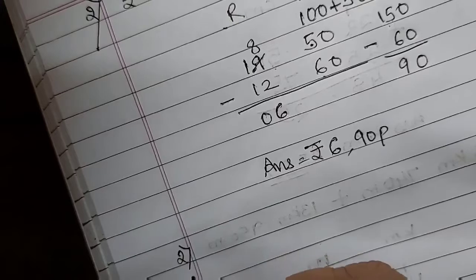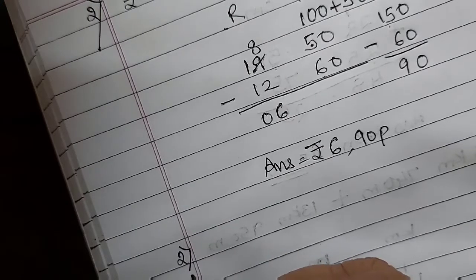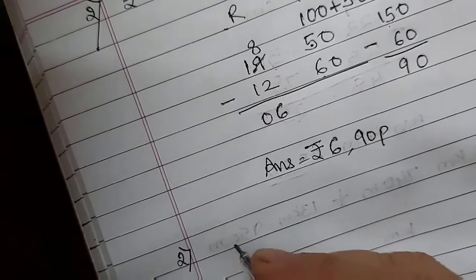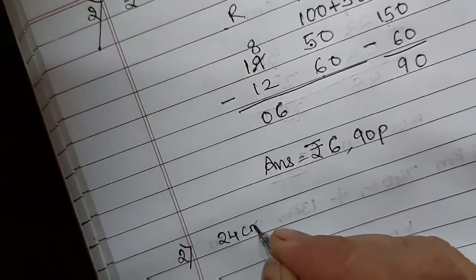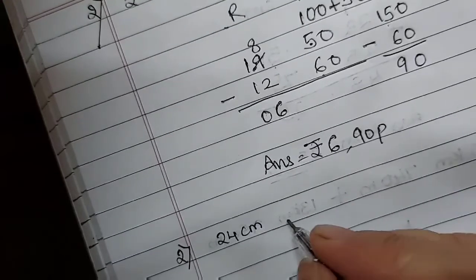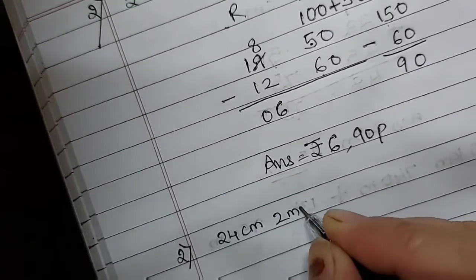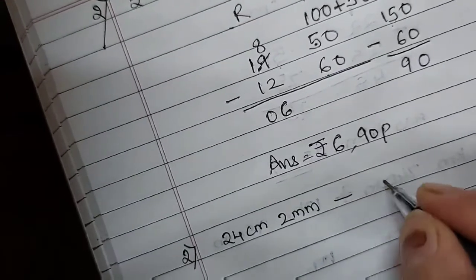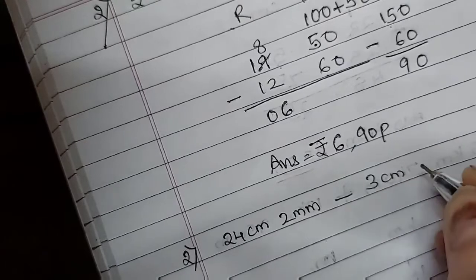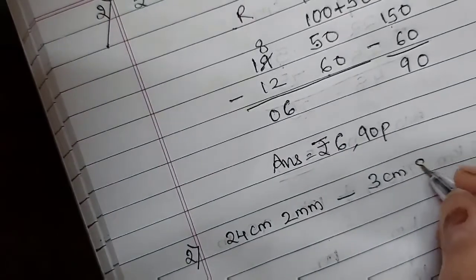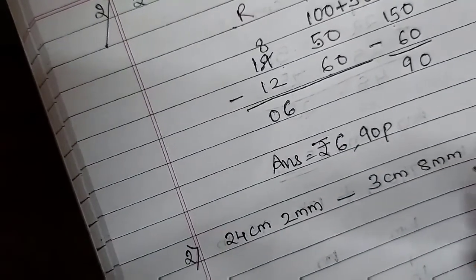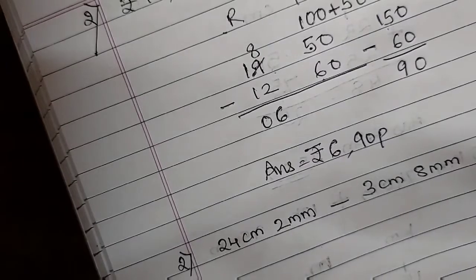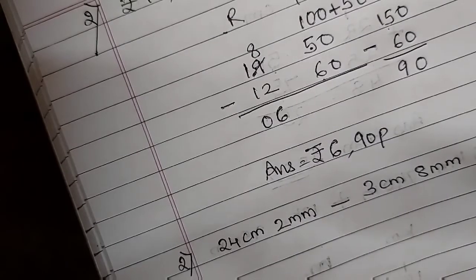Coming to the second question. Now your second question is 24 centimeters 2 millimeters minus 3 centimeters and 8 millimeters. Okay, children? Now what you are going to do here?